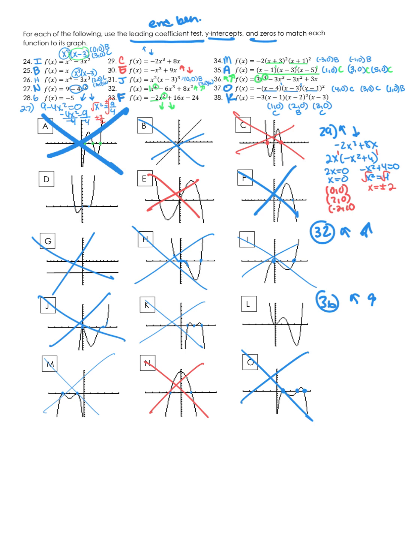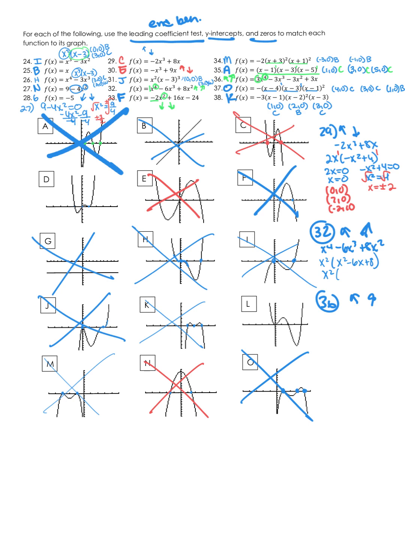So let's factor 32 to see what that is. I'll do that down here on the right. So we have x to the 4th minus 6x cubed plus 8x squared. We have a greatest common factor of x squared, so let's pull that out. That'll leave us with x squared minus 6x plus 8. We can keep factoring that. Two numbers multiply together to get 8, add together to get negative 6.